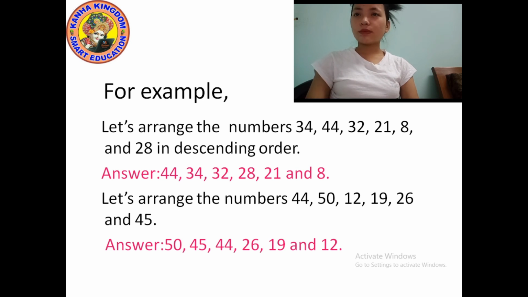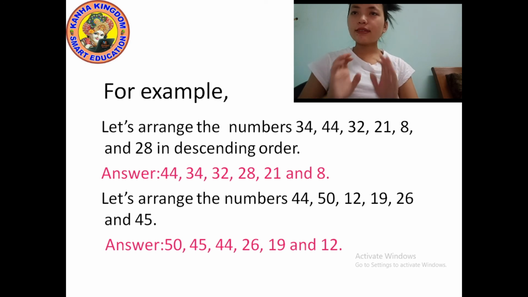Only two numbers are remaining, 12 and 19. So obviously 19, because 19 comes after 12. So 12 is the smallest number of 44, 50, 12, 19, 26 and 45.